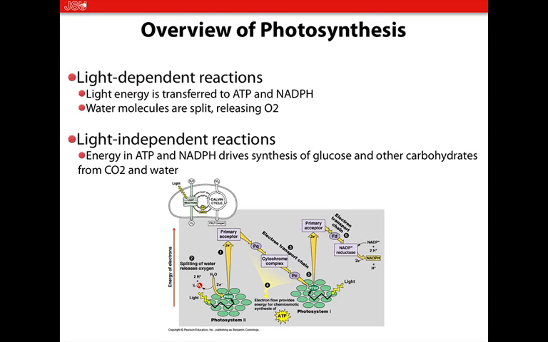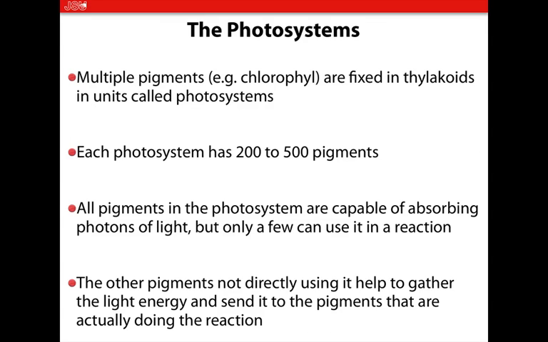The carbon dioxide will provide the carbon source and the oxygen source for glucose. To combine all those, the hydrogens here will come from NADPH for glucose, and the energy to put it all together comes from ATP. So you should know these two reactions.